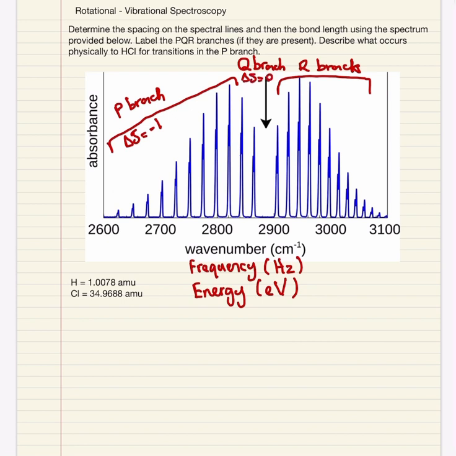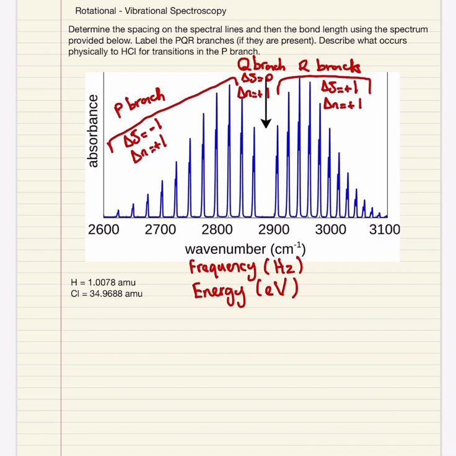For the R branch, ΔJ, the rotational quantum number change, is +1. For the vibrational transition, the change is represented by Δn, which is constant for all three branches and equal to +1. Now we've labeled the branches and talked a little about the transition state changes.